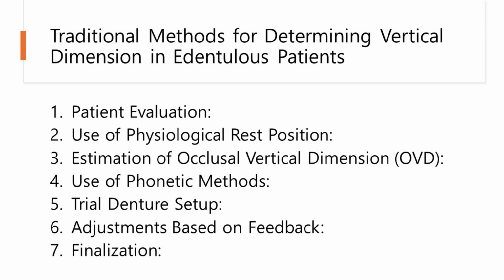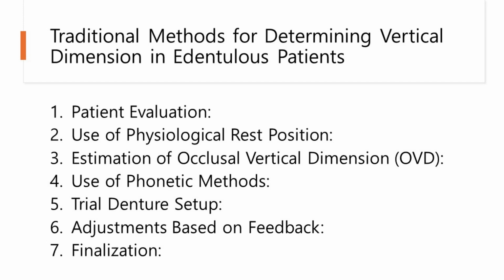Trial denture setup. A trial denture is created to evaluate aesthetics, phonetics, and functionality. The patient wears this trial to assess comfort and usability, providing us with valuable feedback. Adjustments based on feedback. Based on the patient's feedback and our observations, we make necessary adjustments.